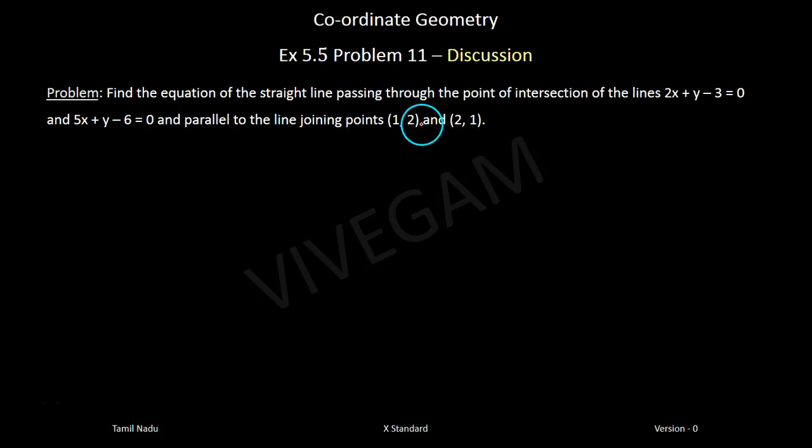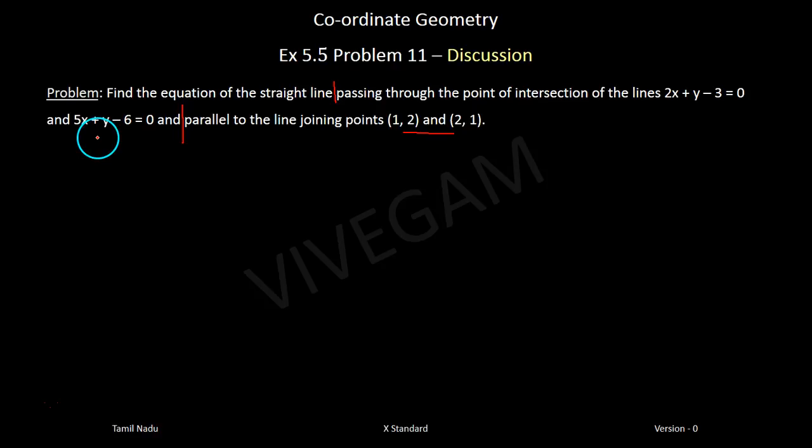So here what they say is that the line is parallel to the line joining these 2 points. So you'll have to break the problem here. Find the equation of the straight line is one thing. Passing through the point of intersection of the lines 2x plus y minus 3 and the other line means these two lines intersect at one point, and the required line passes through that point.